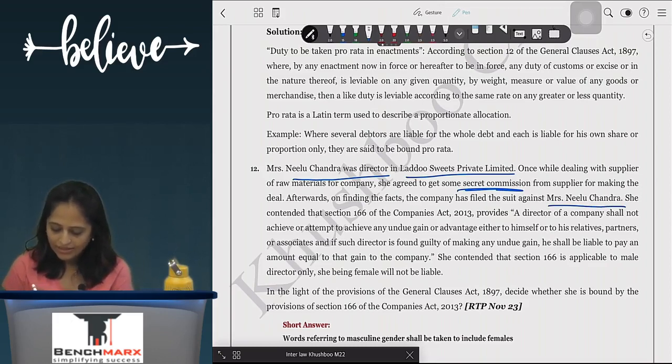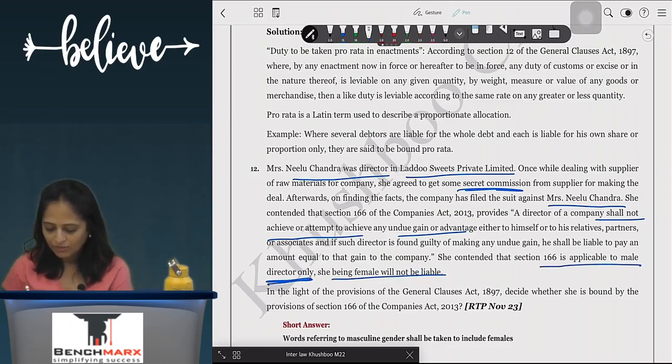She contended that section 166 of the Companies Act provides a director of the company shall not achieve or attempt to achieve any undue gain or advantage either to himself or relative, partner or associates. If such director is found guilty of making any undue gain, he shall be liable to pay an amount equal to the gain. She contended that section 166 is applicable to male directors only. She, being a female, will not be liable.